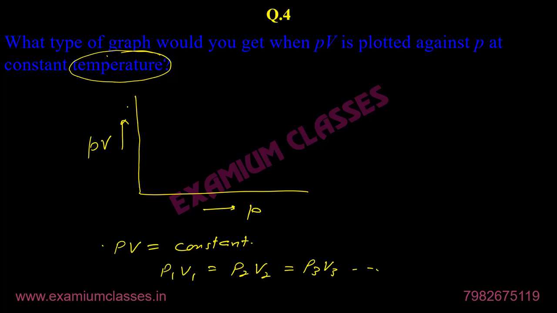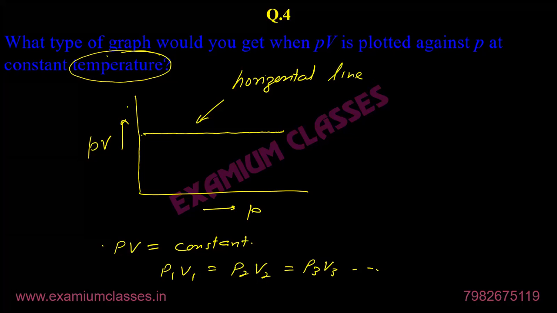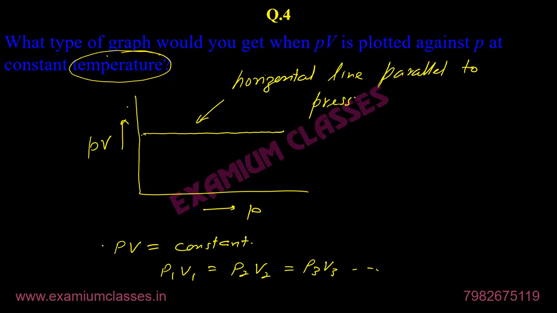It means it will be a straight line parallel to the horizontal axis, or P. So you will say we will get the graph as a horizontal line which is parallel to the pressure axis.